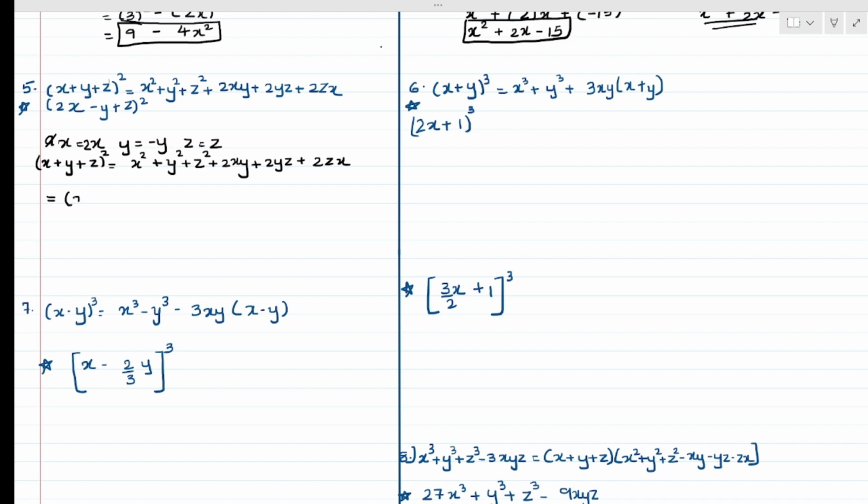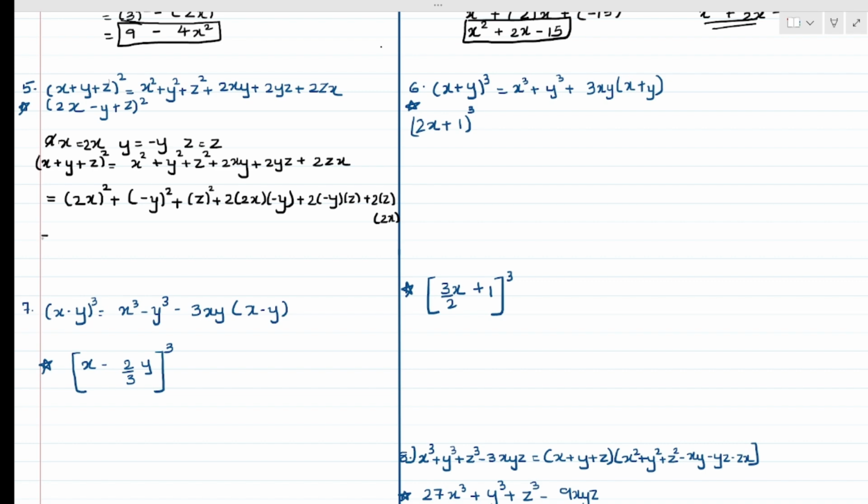Wherever I write x, I will substitute my 2x, the whole square, plus, instead of y, my minus y, the whole square, plus z the whole square, plus 2 times 2x times negative y, plus 2 times negative y times z, plus 2 times z times, what is my x? My x is 2x.